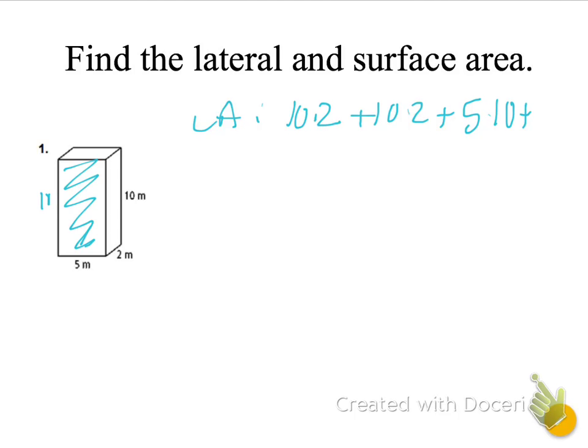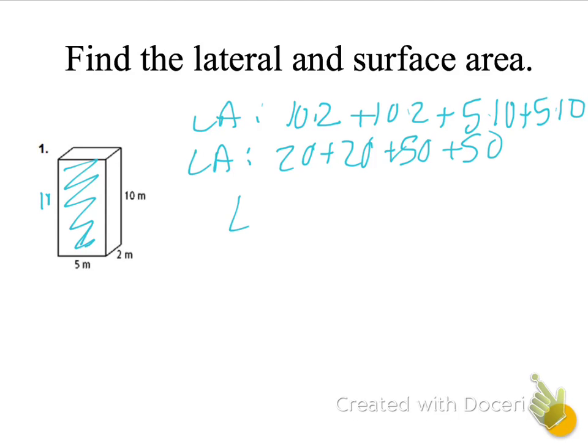And the back side will be the exact same thing because it's a rectangular prism. So another 5 times 10. So we're going to get 20 plus 20 plus 50 plus 50. So my lateral area is going to be 40 plus 100, so 140 meters squared.